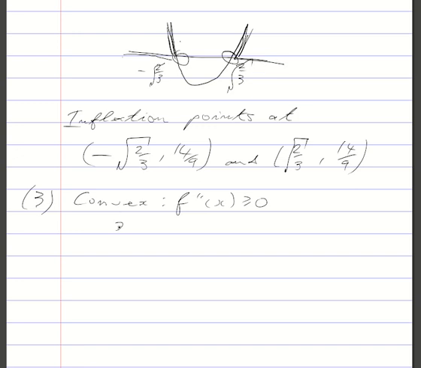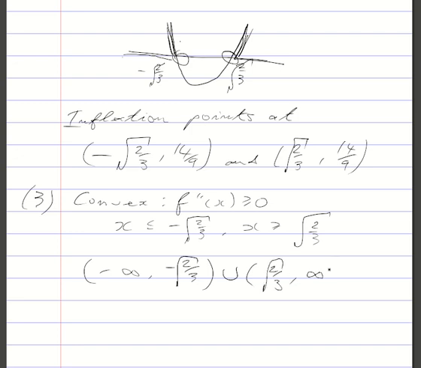So we can see that x is smaller than or equal to minus square root 2 over 3, or x greater or equal than square root 2 over 3. So we can conclude that f is convex on the intervals, now it's not necessary to write this in interval format, you can keep it as x smaller than or equal to, x larger than or equal to, but I do like writing it this way as a subset of the real line.